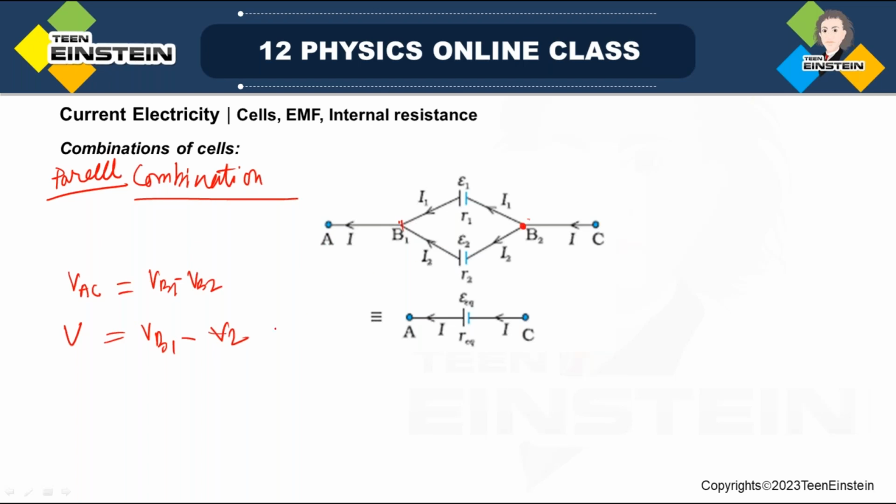Now see this, since this lower branch is also at the same terminals of B1 and B2, the potential will be the same for both of them. So in this case, you look what happens.